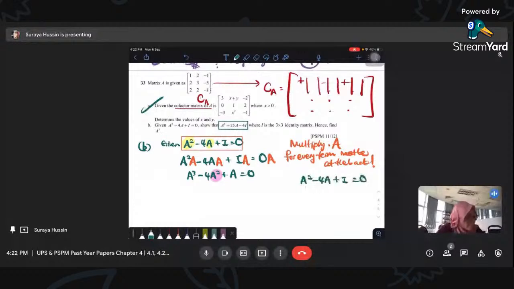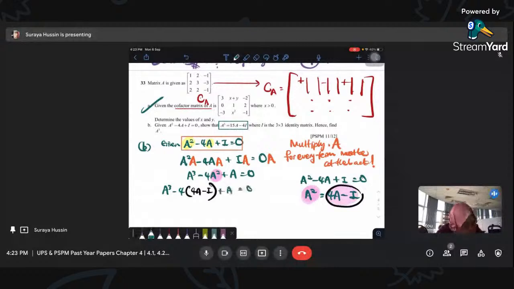You will get 4A minus I. And so you masukkanlah A squared ni dengan 4A minus I. Okay, so A cube minus 4 times 4A minus I. Tutup bracket. Tambah A is equals to 0.